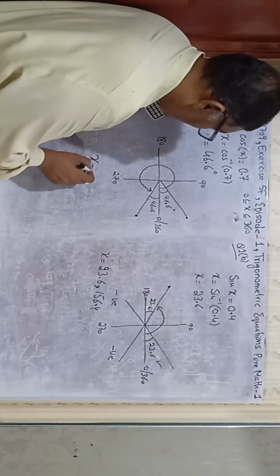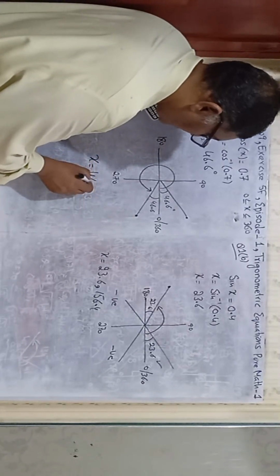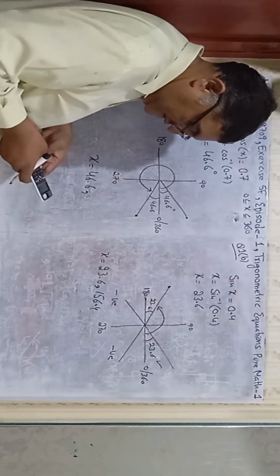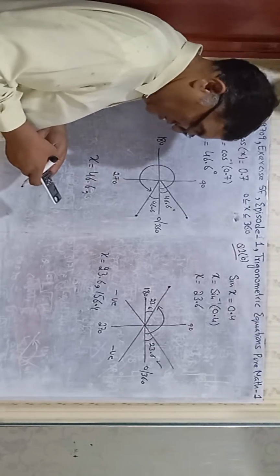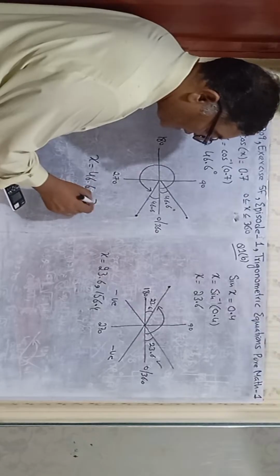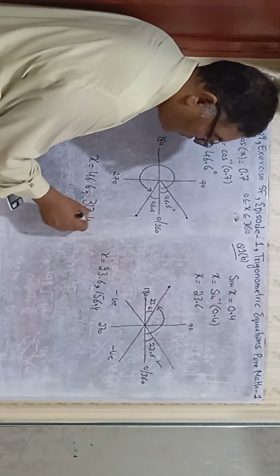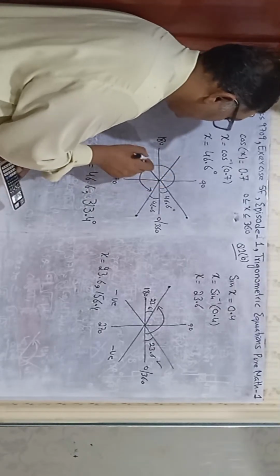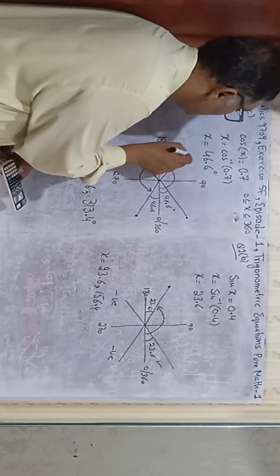So my x will have two answers. One is 45.6. The other one will be 360 minus 45.6, and that will be equal to 314.4 degrees. Why have I not taken the second quadrant?